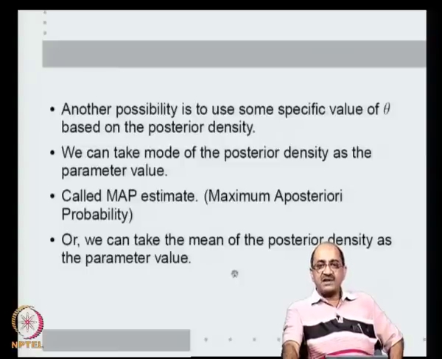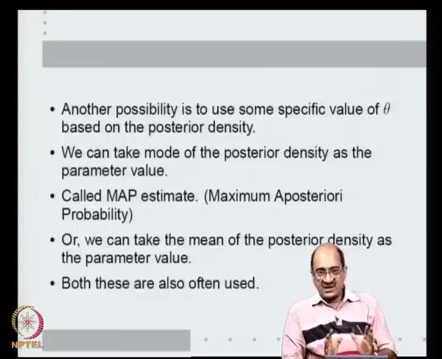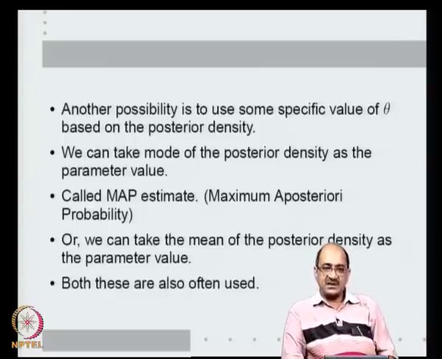Or we can simply take the mean of the posterior density as the parameter value. This is also possible. So, essentially, looking at the posterior density, we take some specific value of theta as the final value, plug that in, and get our class conditional densities. All these are used. So, this is the general introduction to Bayesian estimation.